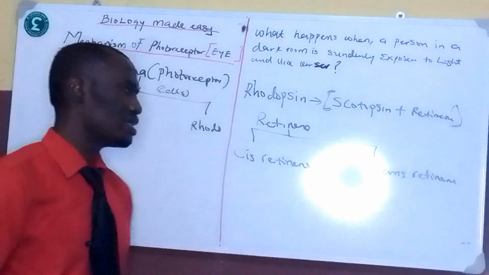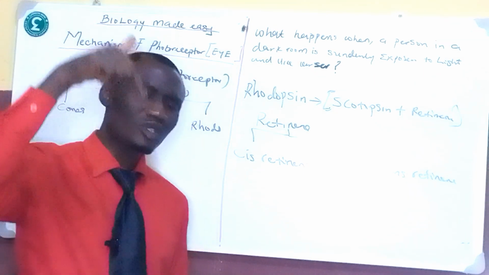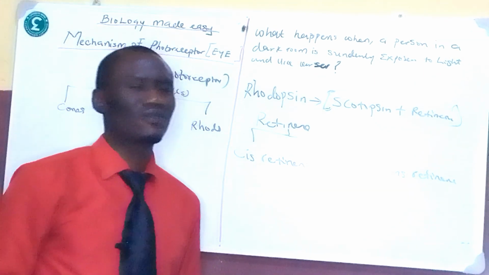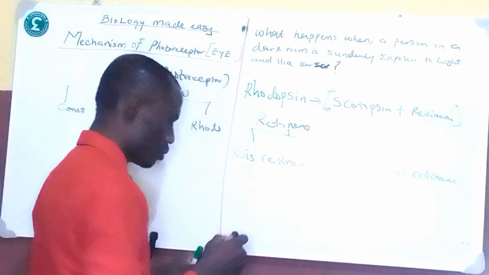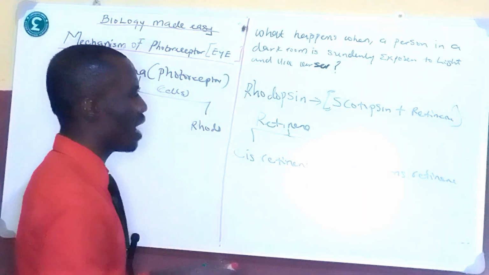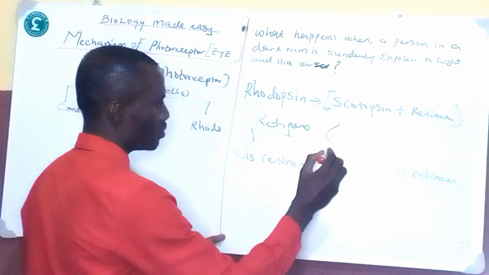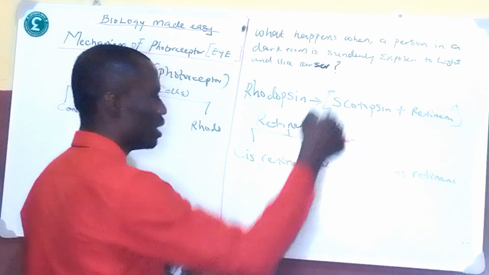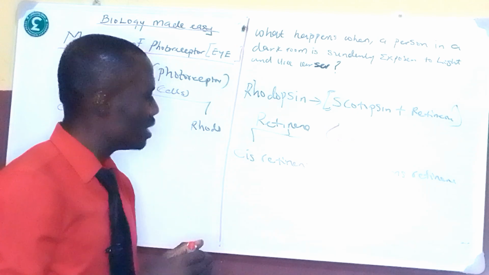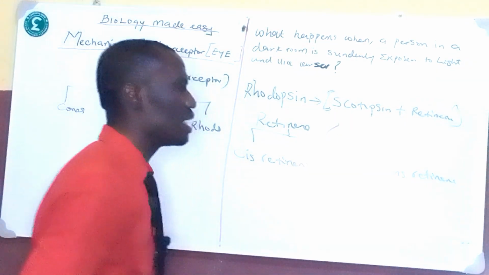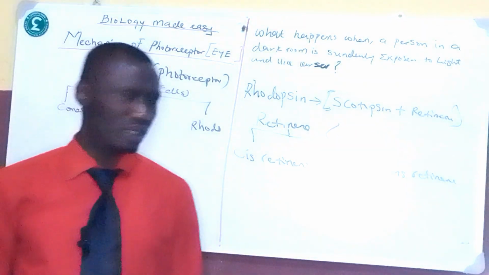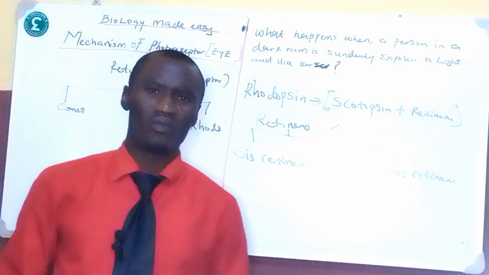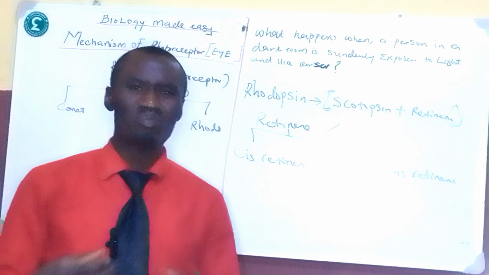Now, when light falls on the eyes, say the light of the sun, this cis-retinine is converted to trans-retinine. This process of conversion is known as bleaching.